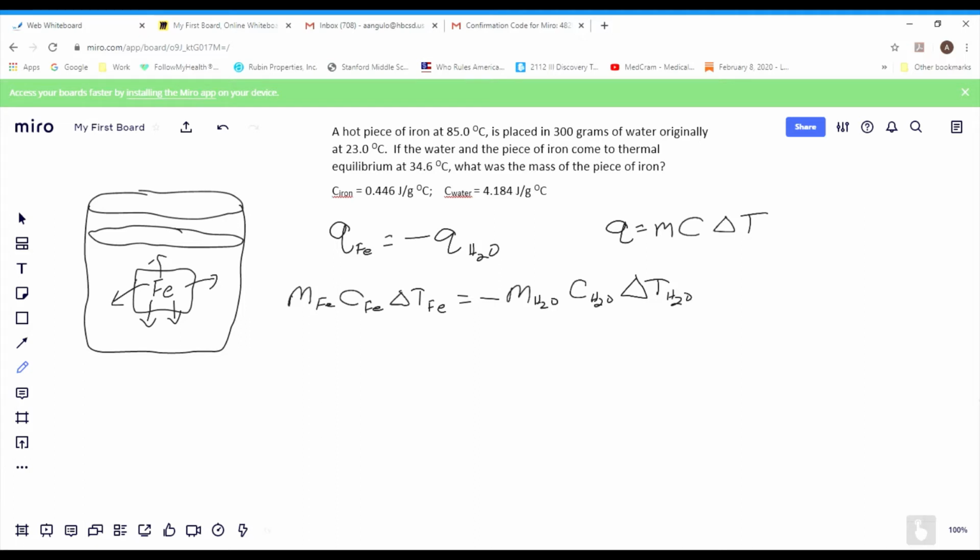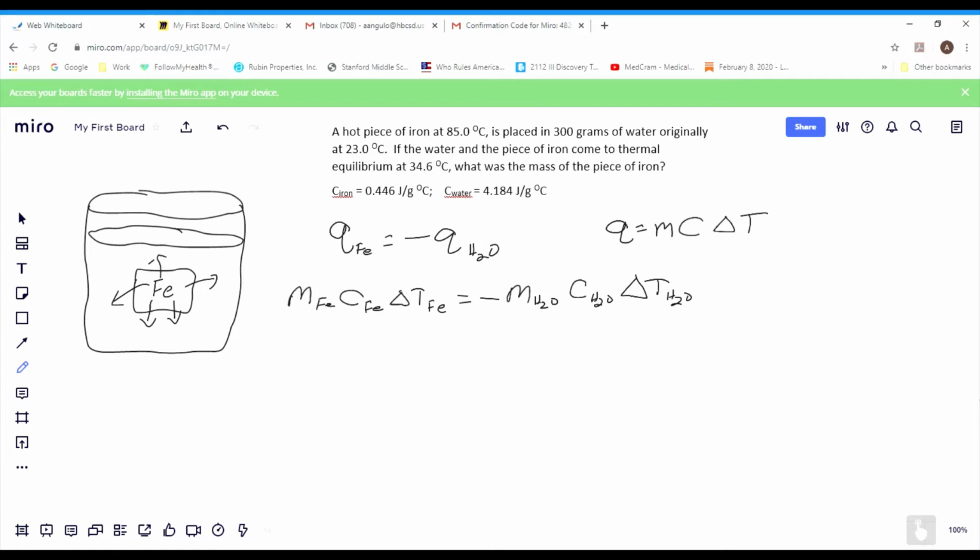Notice we put a negative here because one of these delta T is going to be negative and the other positive, and we want to make sure that they cancel each other out.